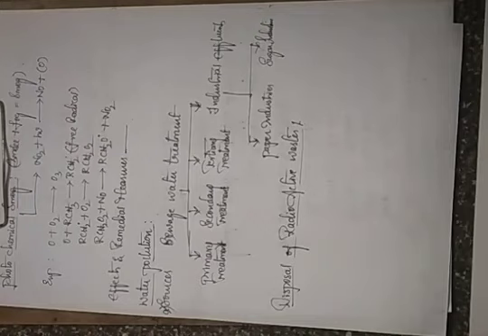Finally, the disposal of radioactive waste. The nuclear fission reactions are carried out under controlled conditions in nuclear reactors using nuclear fuels like uranium, mainly uranium-235, for the production of electricity.